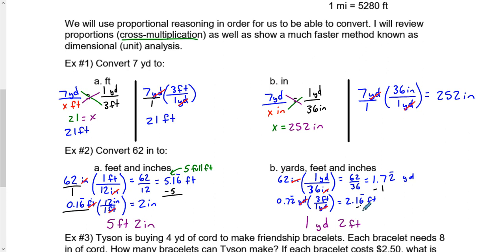And by subtracting off the 2, I get 0.16 repeated feet. Convert that into inches. 1 foot is 12 inches. Well, that'd be 2 inches left. So that's saying that 62 inches is 1 yard, 2 feet, 2 inches. 62 inches is 5 feet, 2 inches.